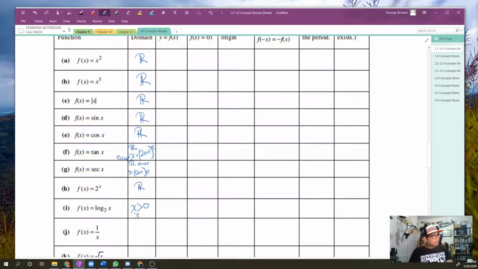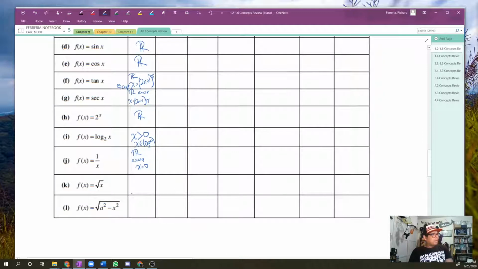And if you want to write this in set notation, you could absolutely write it like that. 1 over x, this is all real numbers except when x equals 0. And then square root of x, same thing, except for the square root of x, you can put in 0.